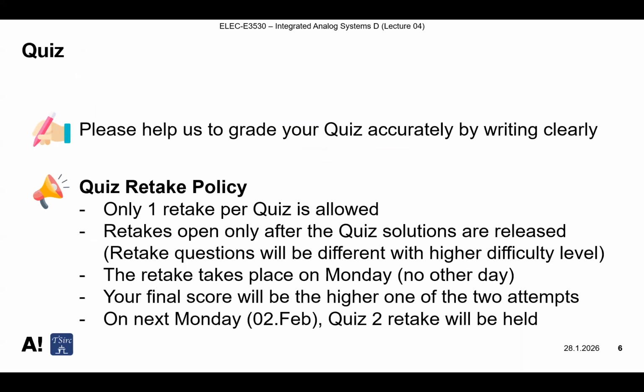Our TAs will try to find a time slot on Monday that everyone can take the quiz, for example to avoid any overlap with other courses, maybe like 5 p.m. or 6 p.m. Our TAs will communicate. For those who want to do the retake, please let our TAs know as soon as possible, so that you won't lose the opportunity to do the retake of quiz 2.